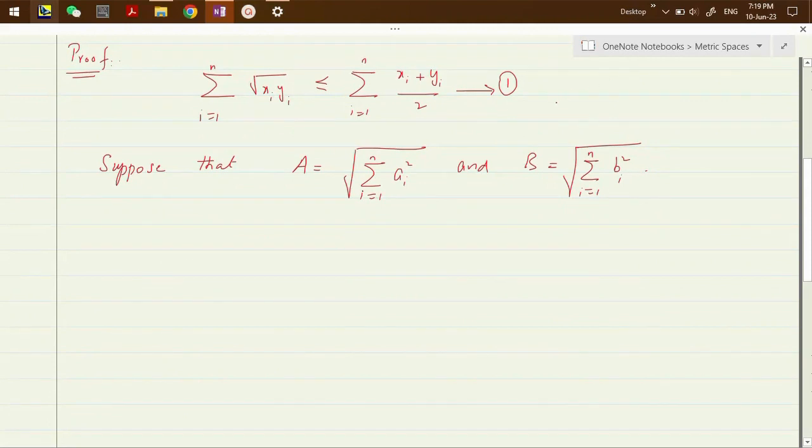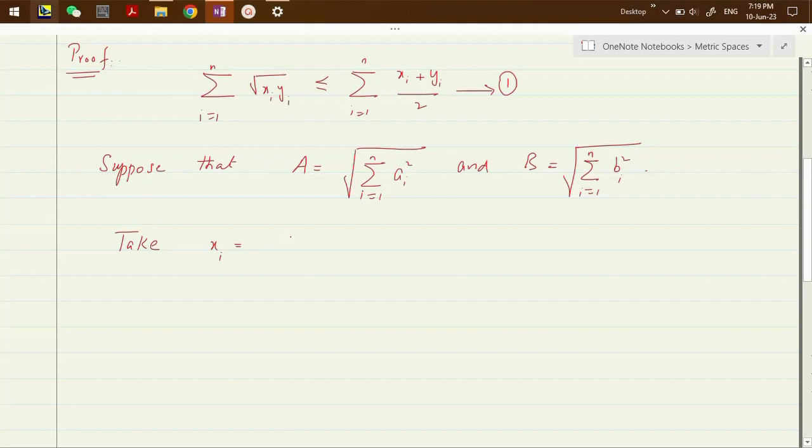Since our equation 1 is true for all non-negative real numbers, we choose xi in this way, which is also a non-negative real number.